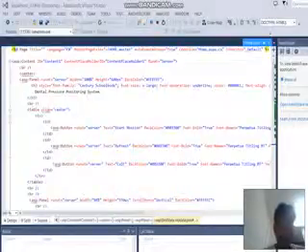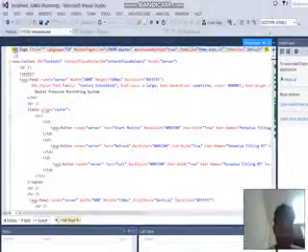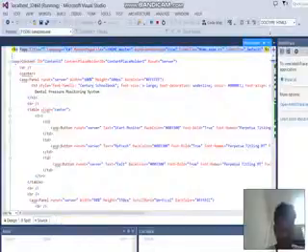Good evening everyone. This is Rahul and I'm going to explain the HTML code which we are using for connecting to the cloud. As you can see over here, this is for the page title, language, master page and all.